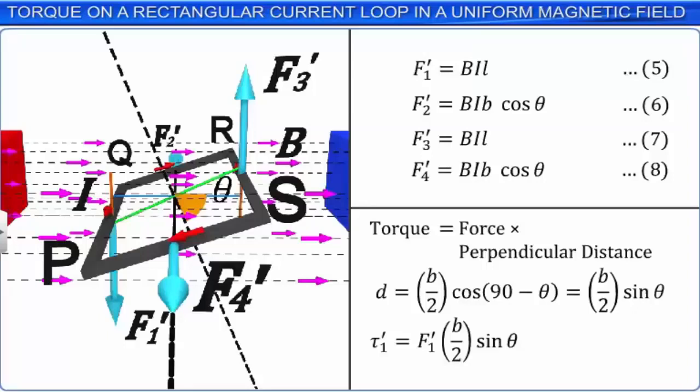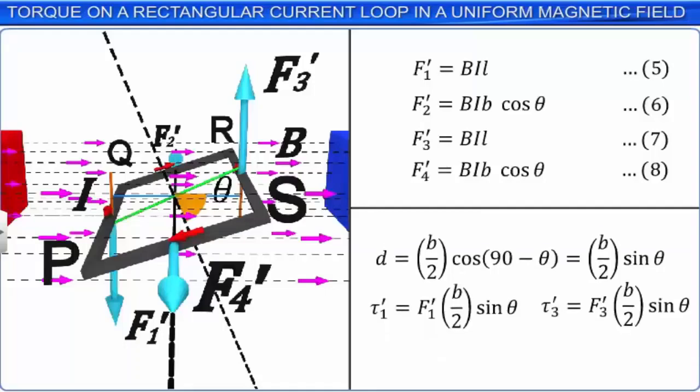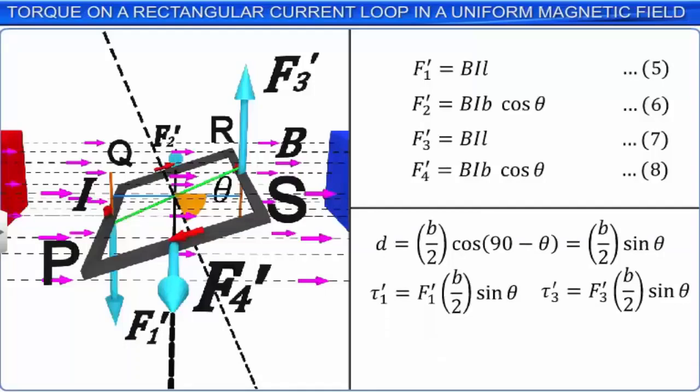Similarly, the torque T3' on the loop due to the force F3' is given by T3' is equal to F3' B by 2 sin theta. Hence, the net torque T' on the loop is given by the sum of T1' and T3'.